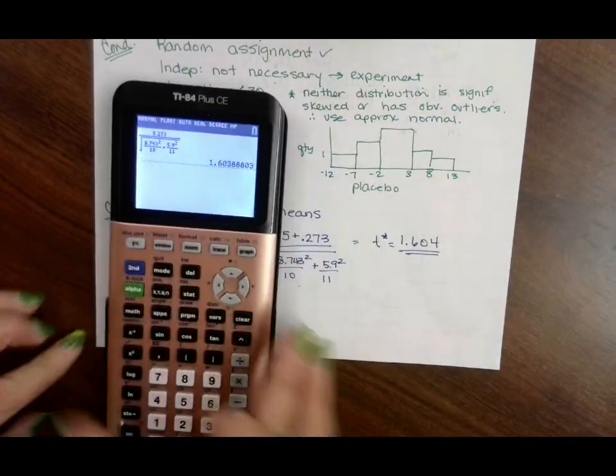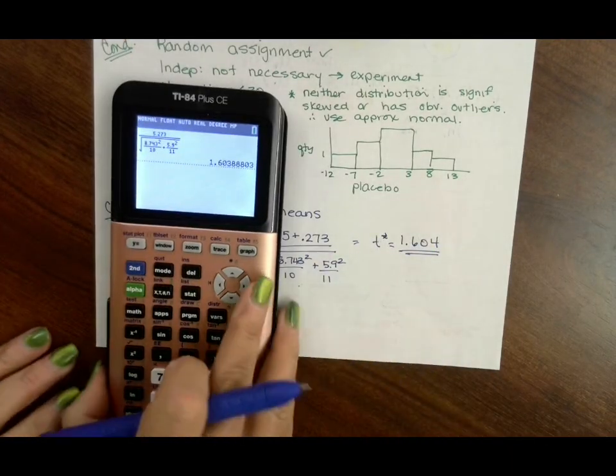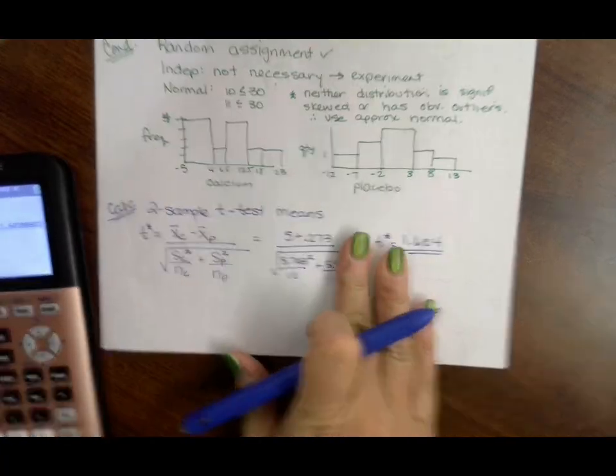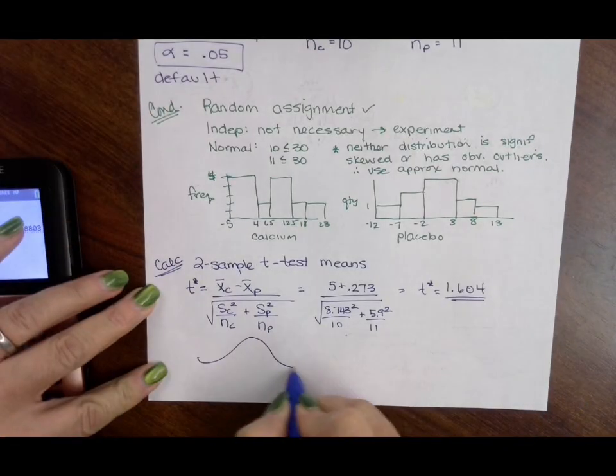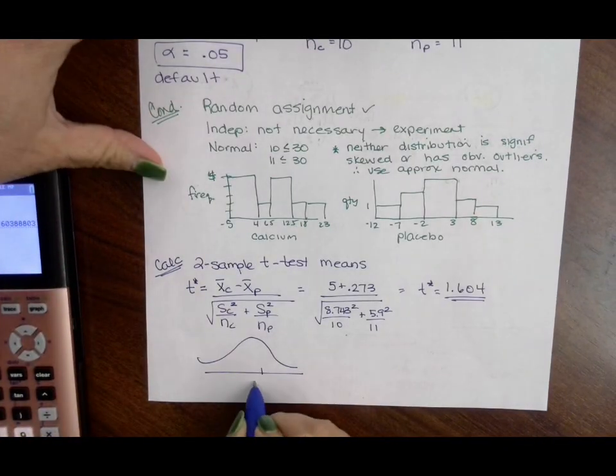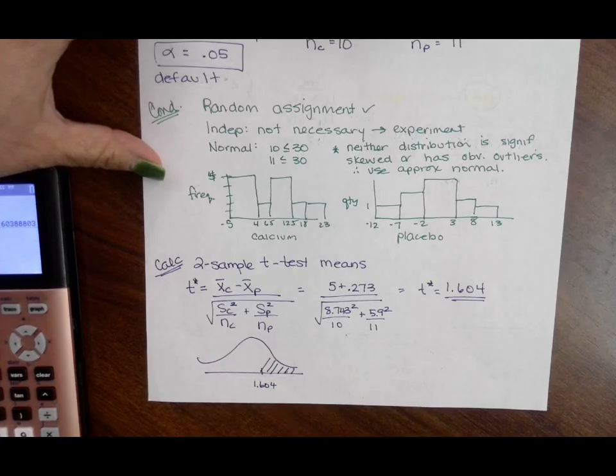Because my alternative hypothesis says that this is going to be greater, I want the values that are higher than this. If I look at my curve here, I've got this value of 1.604, and I want this area. That's going to give me my p-value.